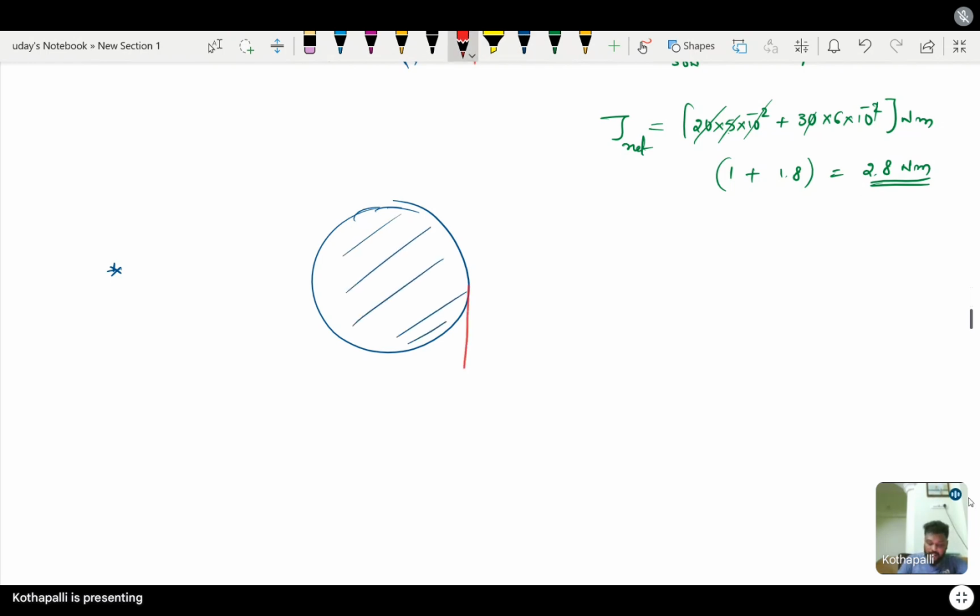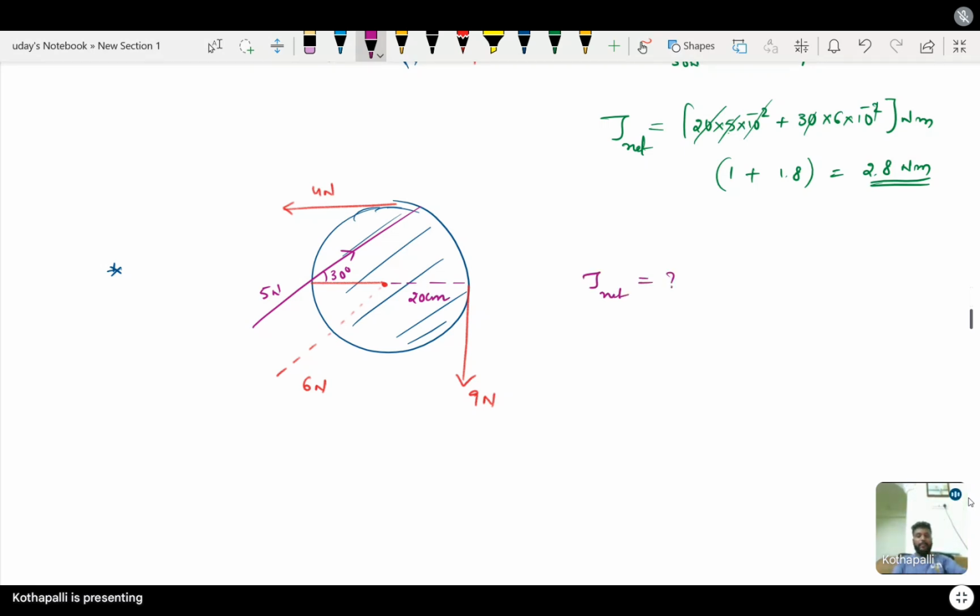The question was: here 9 newtons force, here 4 newtons force, and here 6 newtons force, and here 5 newtons force at an angle of 30 degrees. And the radius of this is 20 centimeters. Then what is the net torque? This is the question.